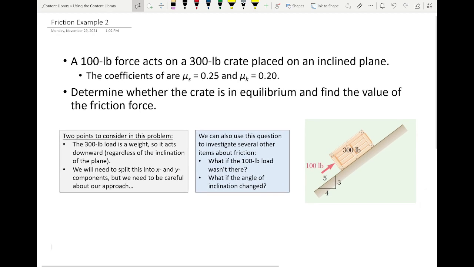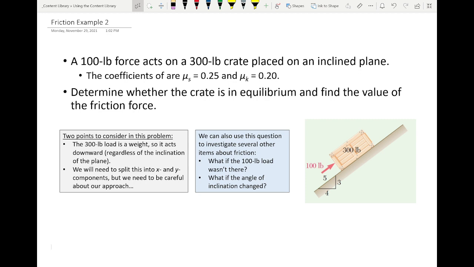Okay, so we have a 100-pound force being applied to a 300-pound crate. One of the things I want to do right off the bat is identify what I'm considering to be my X and Y axes.